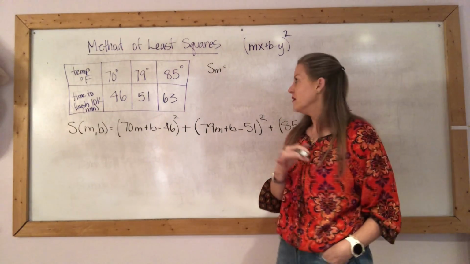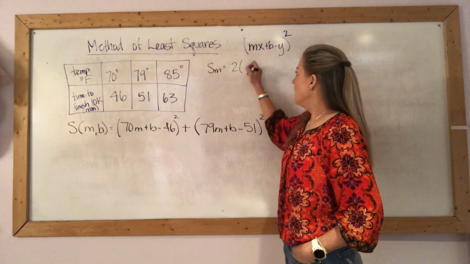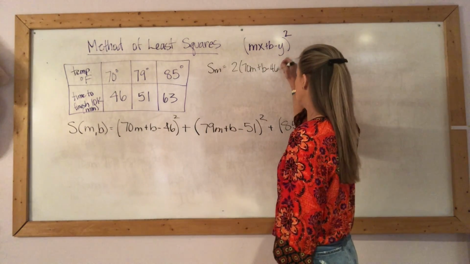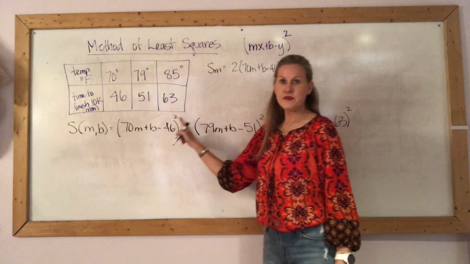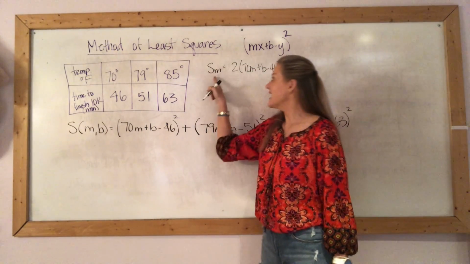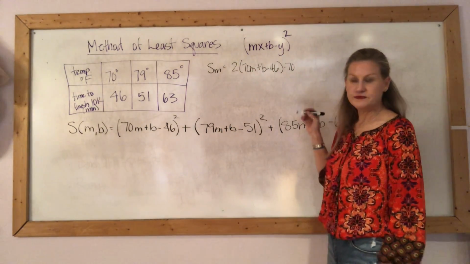Don't get nervous, but it is the chain rule. So the first thing I'm going to do is keep the guts exactly the same, the 2 drops and flops, and then multiply by the derivative of the inside with respect to m, which is just 70.